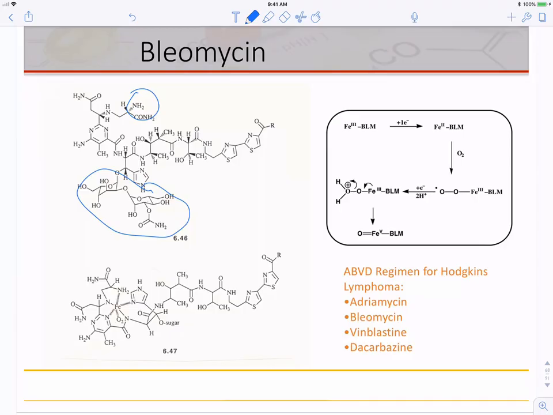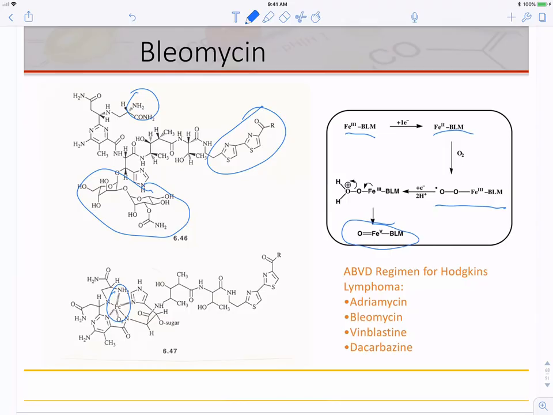Another portion here, which is positively charged and kind of flat, binds to the minor groove of DNA, and then the activity is actually given by coordinating iron. In this resting state it is iron 3 that gets reduced to iron 2, and in the presence of oxygen we get this highly reactive species, the iron 4 bleomycin.